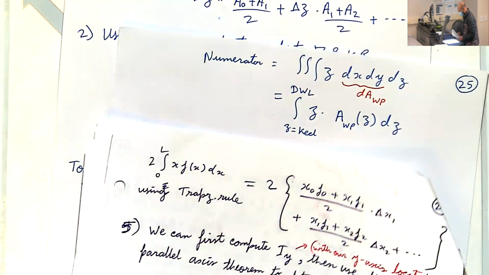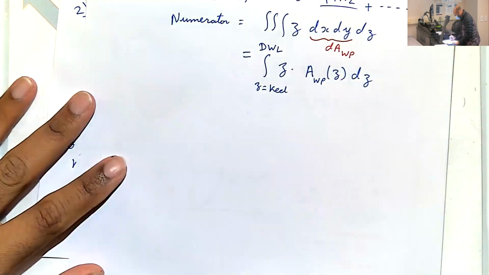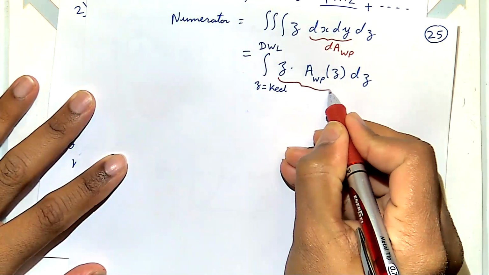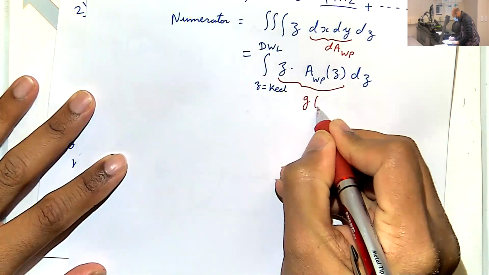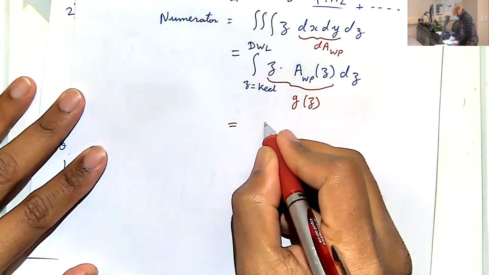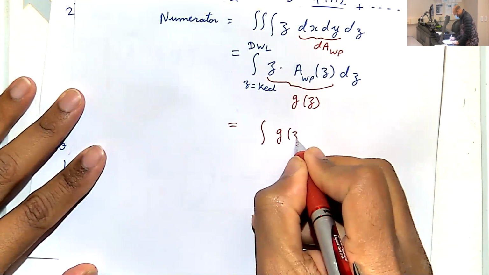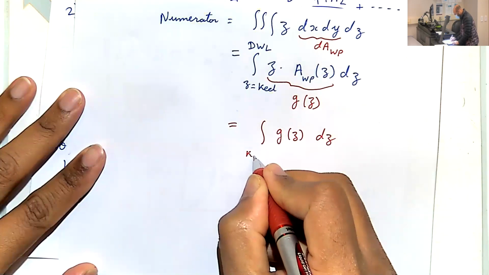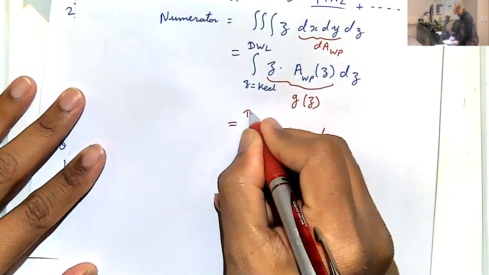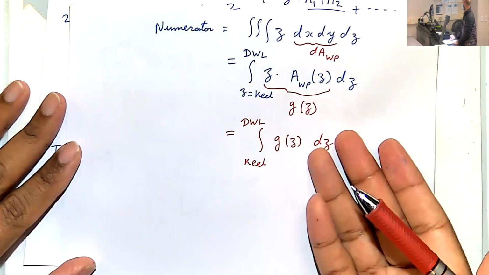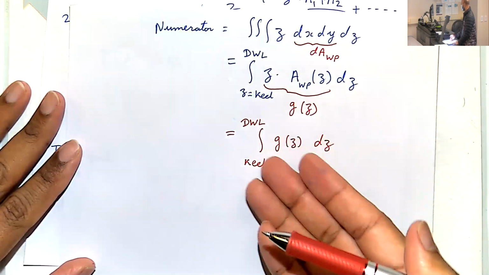Well, the other way we talked about was you replace this whole thing with g of z. Once you do that, you have an integral of g of z dz. If that is easier for you, that's perfectly fine to do.